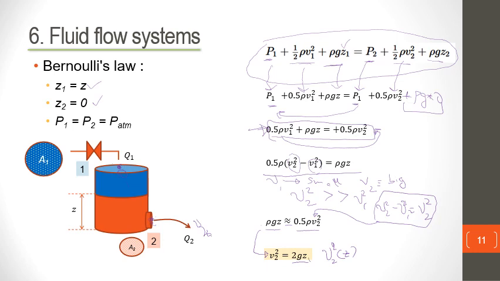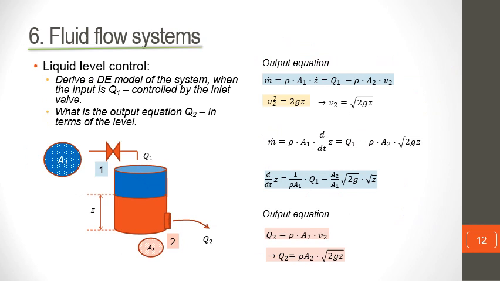So taking this back to our modeling equation, initially we have discovered that rho A1 dz/dt is equal to Q1 minus rho A2 V2. But we have also discovered that V2 in itself is equal to the square root of 2GZ.